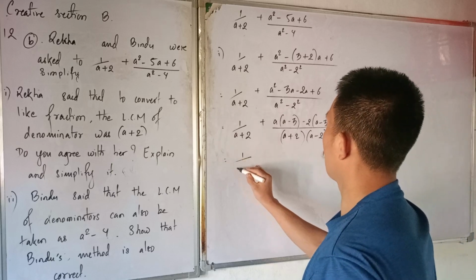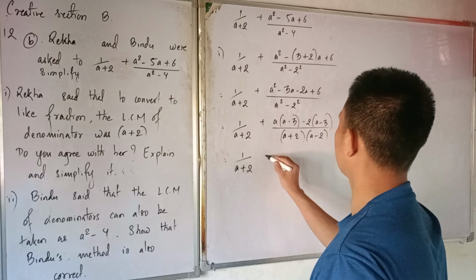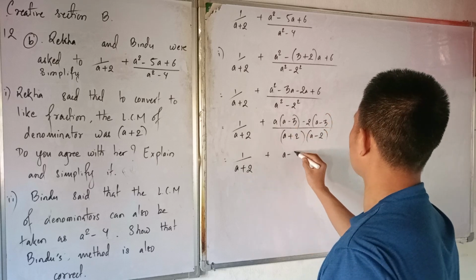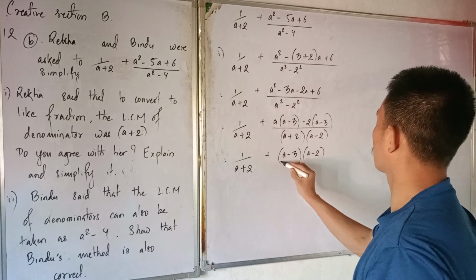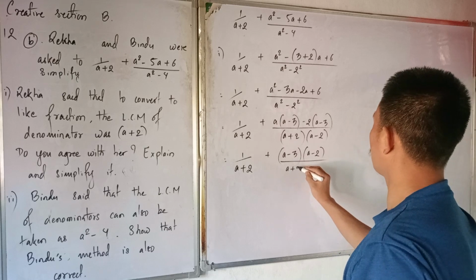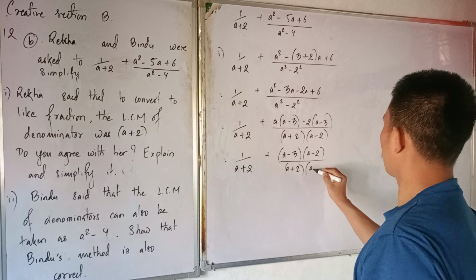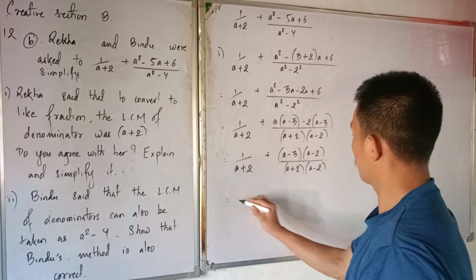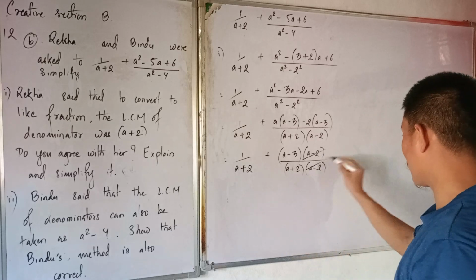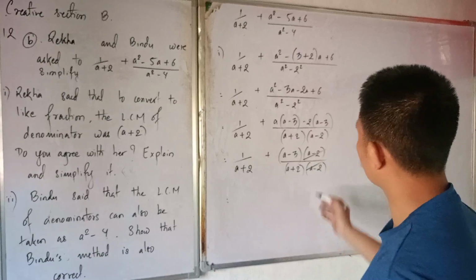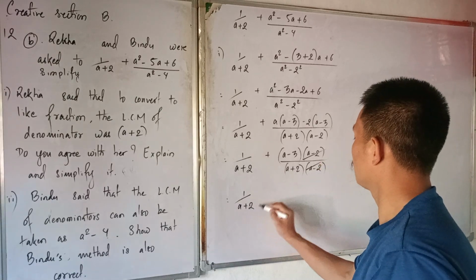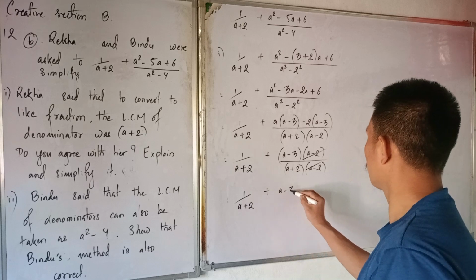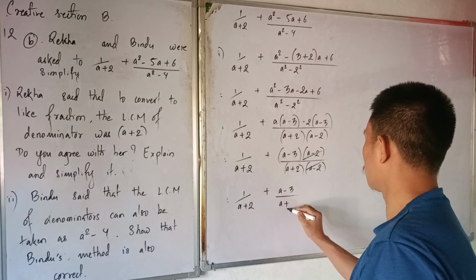So 1 by a plus 2 plus a minus 3 times a minus 2 over a plus 2 times a minus 2. Now you can cancel a minus 2 from both the denominator and numerator, and the remaining will be 1 by a plus 2 plus a minus 3 by a plus 2.